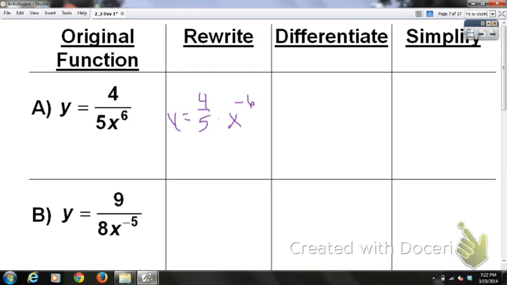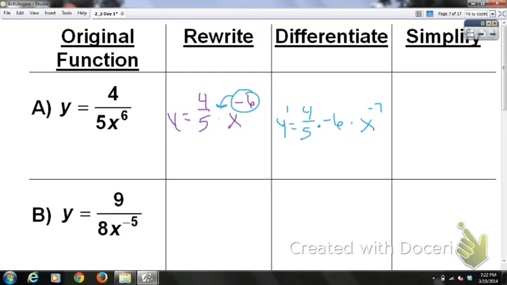Now we can differentiate. Let's take that exponent and multiply it out front. So now we have y prime is equal to 4/5 times negative 6 times x to the negative 7th power. Negative 6 minus 1 gives us negative 7. Now let's clean it up.